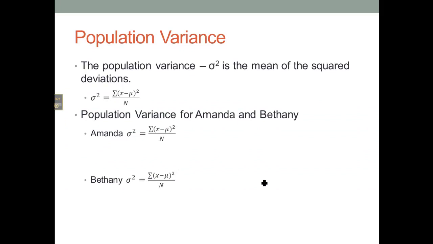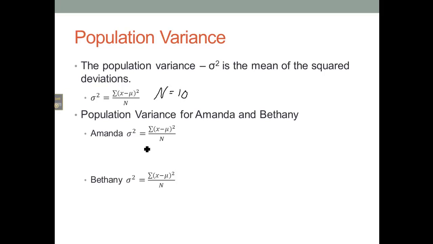That's sigma squared. This Greek letter here is called sigma. It's the mean of the squared deviations. So we're going to calculate the population variance for Amanda and Bethany, and remember, big N is going to equal 10 because they both had 10 deliveries.